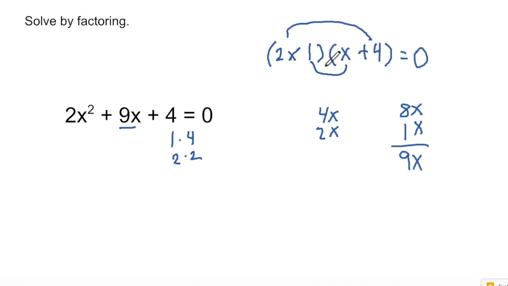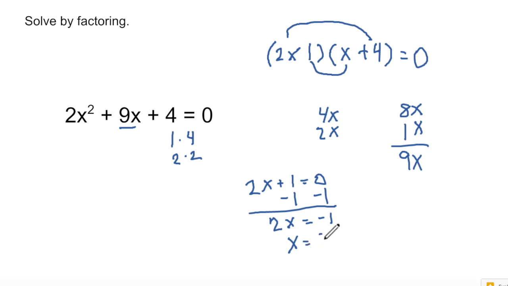Lastly, we just have to solve this. So we factored it. It was a little bit trickier because of that 2, but we got it. Now it's 2x plus 1 equals 0. We subtract 1 from both sides. 2x equals negative 1. And then we divide by 2 on both sides, and we get x equals negative 1/2.